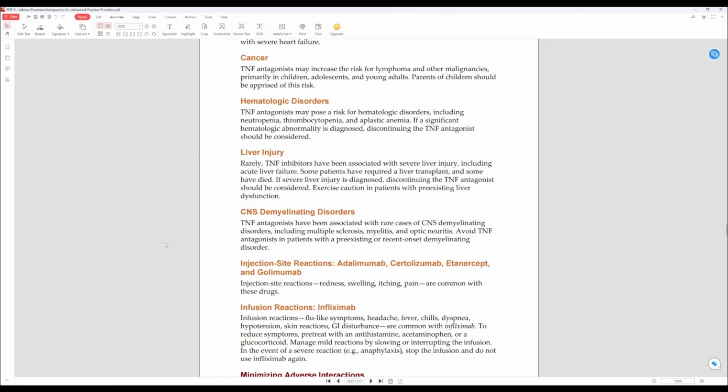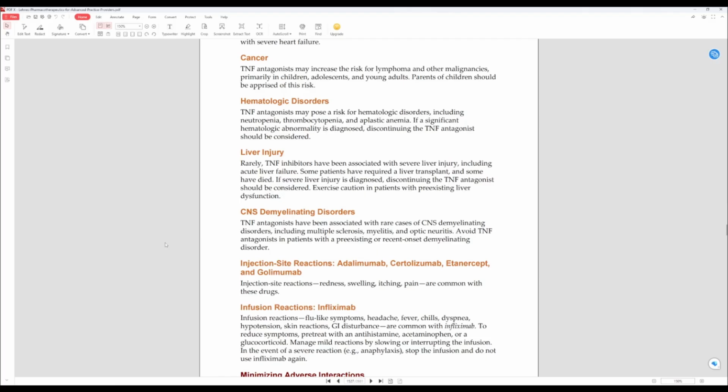Cancer. TNF antagonists may increase the risk for lymphoma and other malignancies, primarily in children, adolescents, and young adults. Patients and parents of children should be apprised of this risk. Hematologic disorders. TNF antagonists pose a risk for hematologic disorders, including neutropenia, thrombocytopenia, and aplastic anemia.